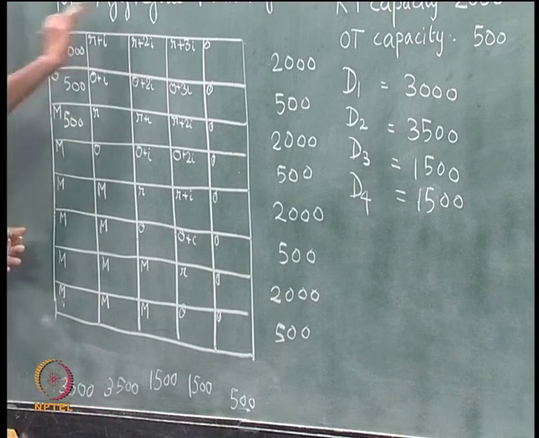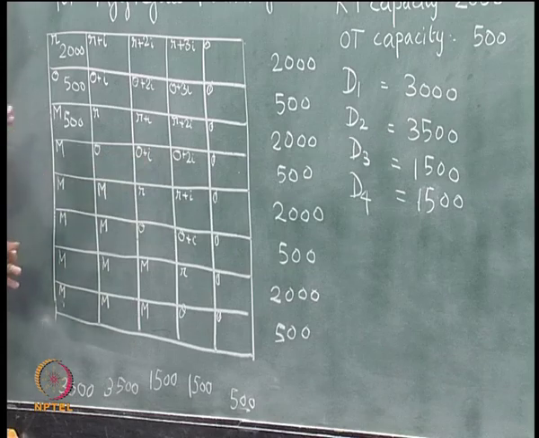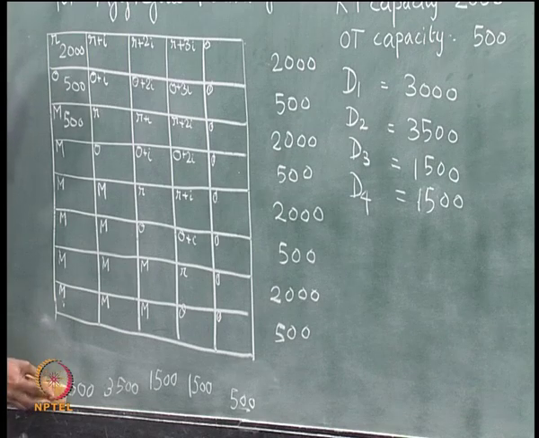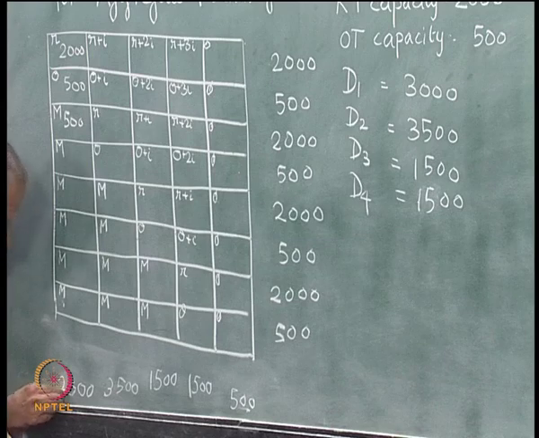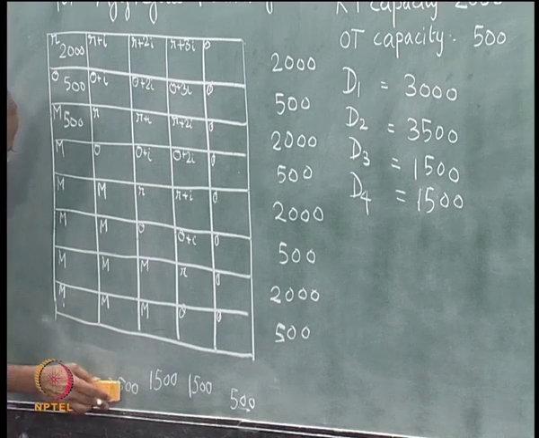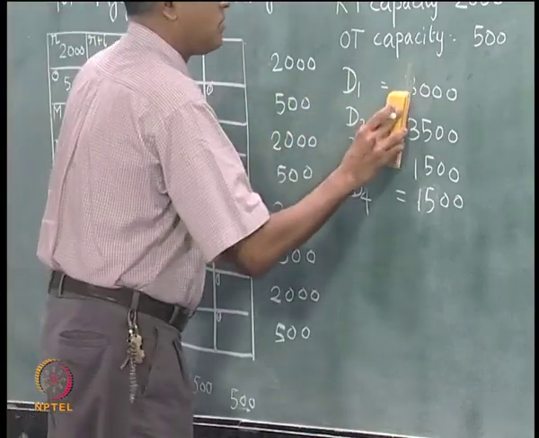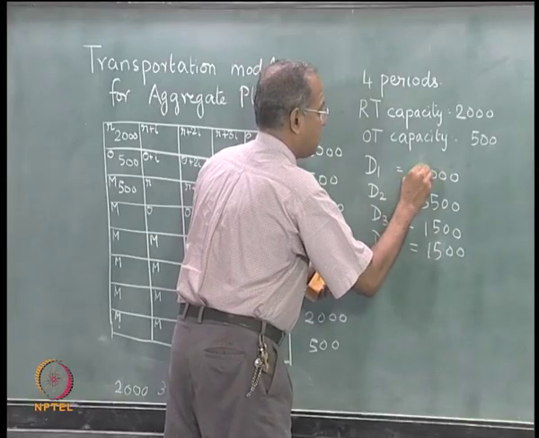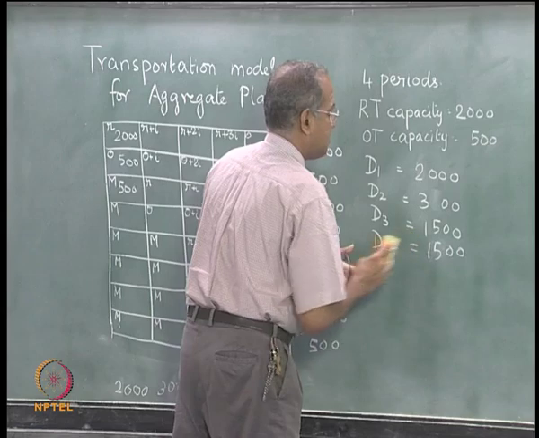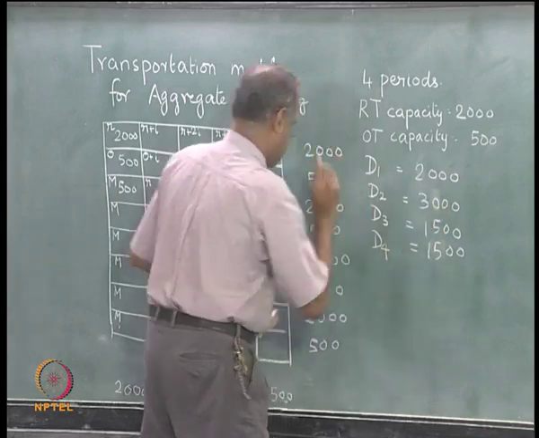So, for the sake of illustration and for the sake of getting a very good solution, for the moment let me say that this demand is 2000 and let us say this demand is 3000.